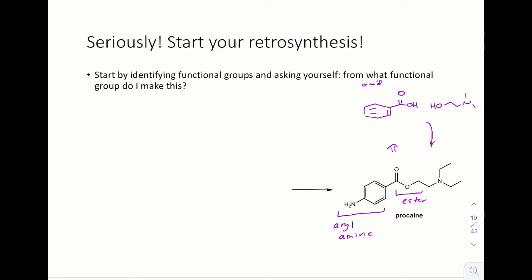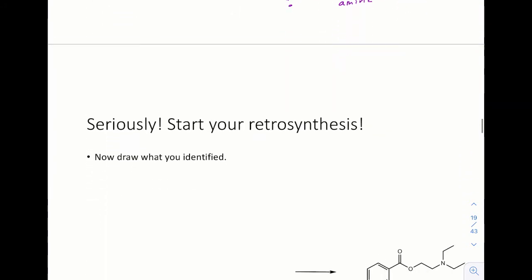Acids and alcohols can be treated with catalytic acid to generate esters. Now, of course, there might be some complication because there is an amine and amines are basic, but we'll think about that later. Now, how to make aryl amines? Well, we don't know how to make aryl amines yet. So let's start learning how to do that.